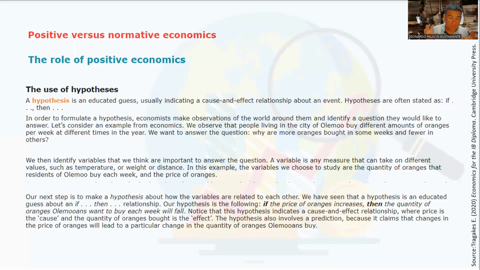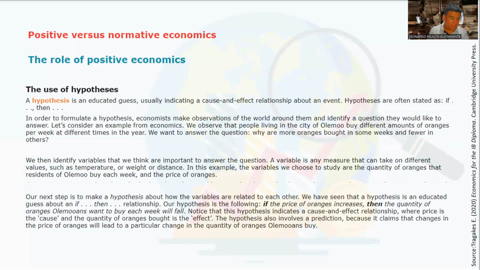Now, our hypothesis is the following. If the price of oranges increases, then the quantity of oranges Olemonians want to buy will fall. That means the higher the price, the fewer goods people buy. That is the hypothesis.